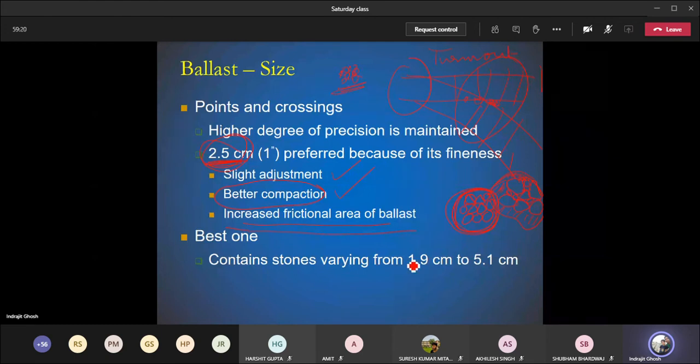Okay, so when the stone is varying from 1.9 centimeter to 5.1 centimeter, it is the best one in terms of providing the stability.